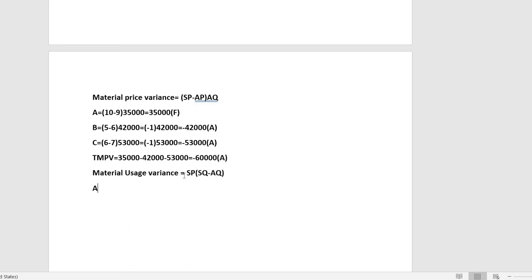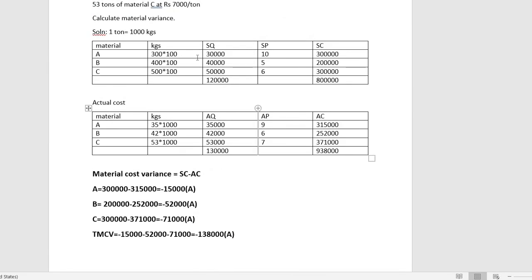For material A, the standard quantity is 30,000, actual quantity is 35,000, standard price is 10.